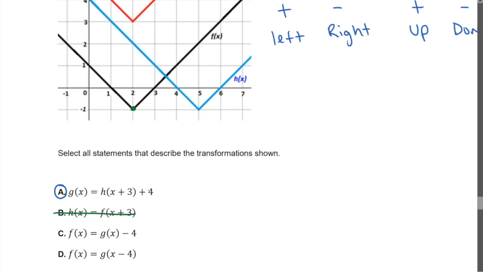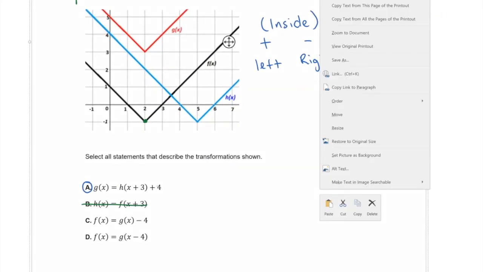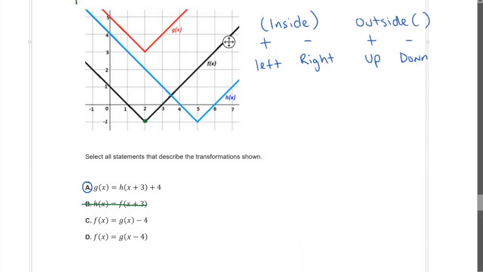Now I notice that it's outside the parentheses, and it's a negative. So outside and negative means I'm going down 4. So if I start right at f of x and I go down, well, I clearly see there's nothing down here, so C is wrong as well.